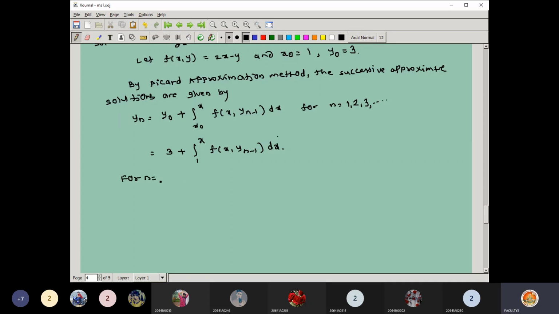So here you are substituting n equal to 1. y1 stands for only the last expression. Integral 1 to x, f of x comma n equal to 1 means y naught of dx. So it is nothing but 3 plus integral 1 to x, f of x comma y type. So in your f of x comma y, no change in x.